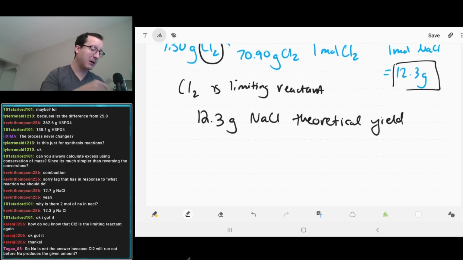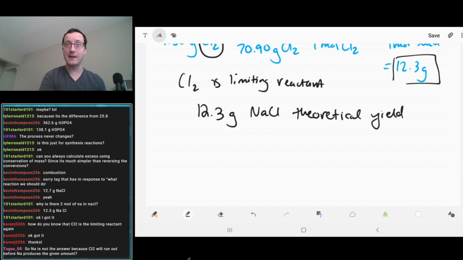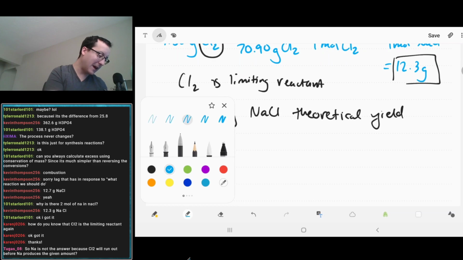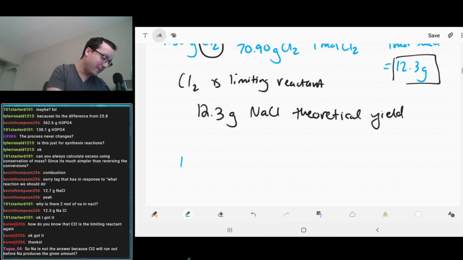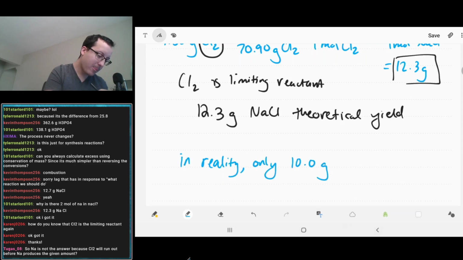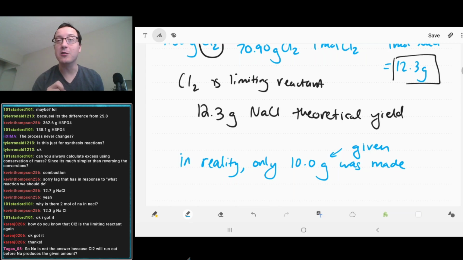So let's say in theory we could have made 12.3 grams, but let's say in actuality, this number I'm giving you, you can't, I'm just making up this number, only to describe our last term here.